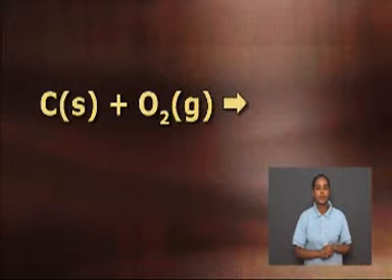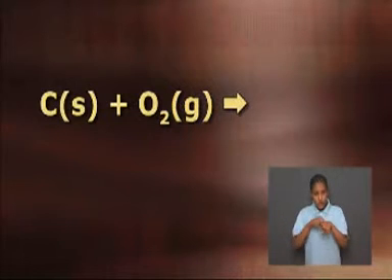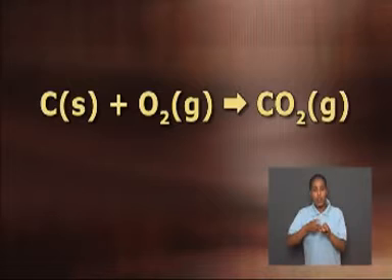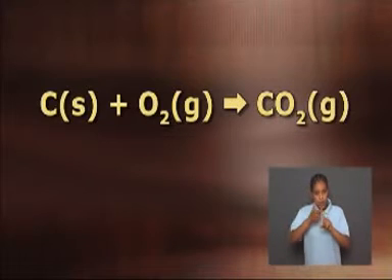Dead organisms that are under high pressure for long periods of time in the absence of air can be converted into coal, oil, and even gas. Humans use these fossil fuels as a source of energy. During the complete combustion of fossil fuels, carbon dioxide is released back into the atmosphere.